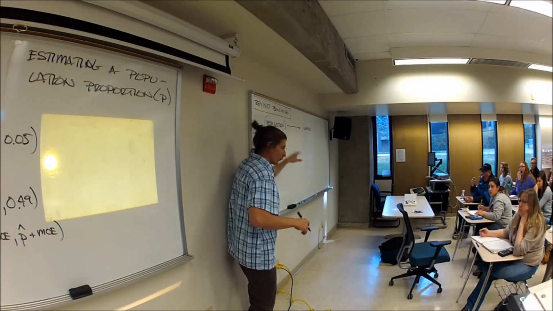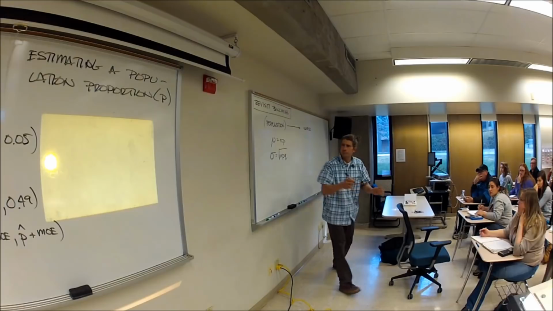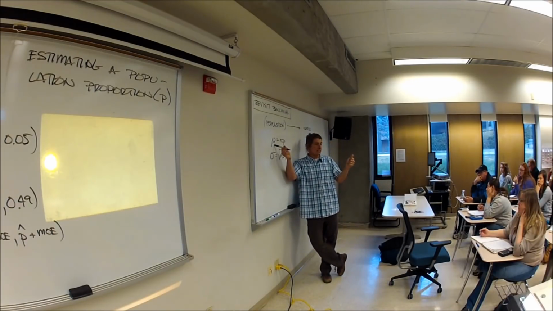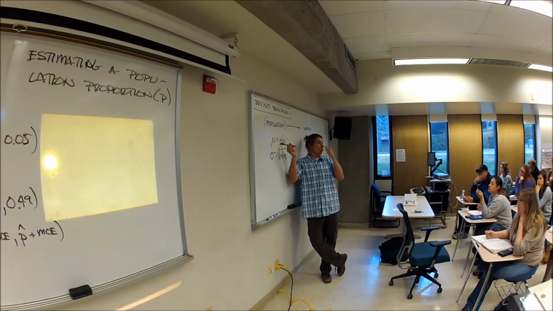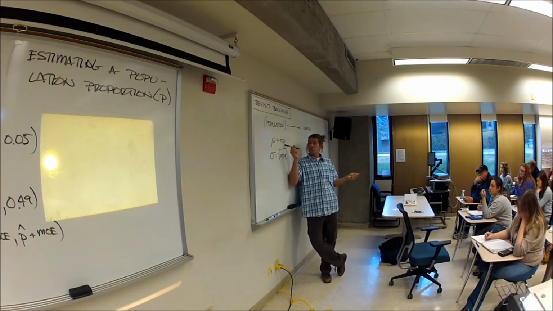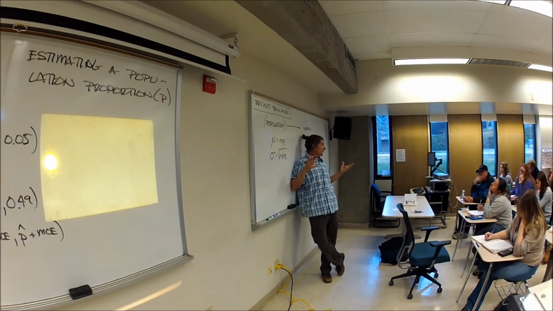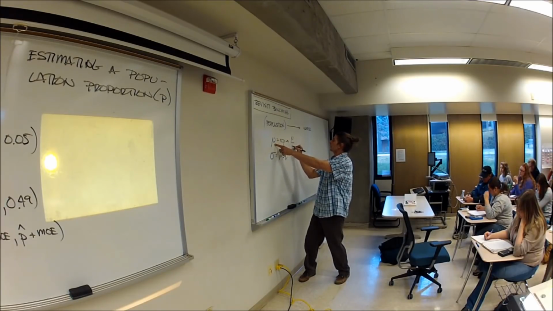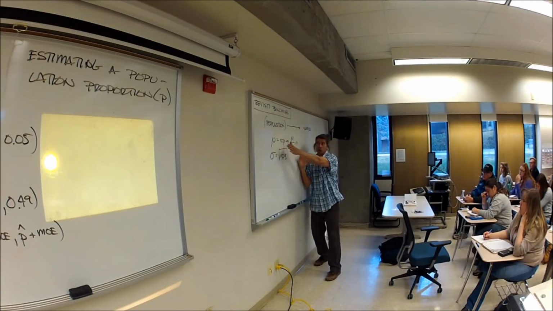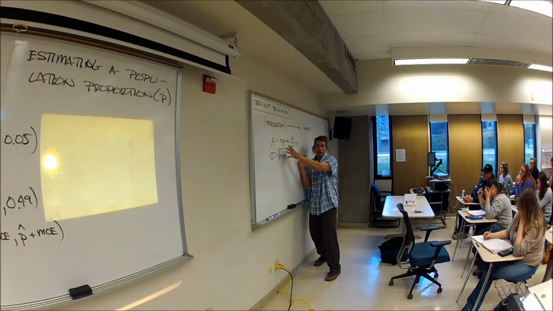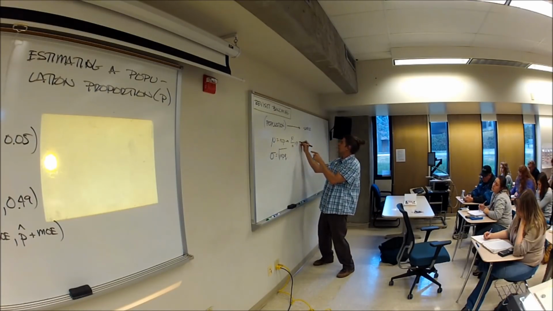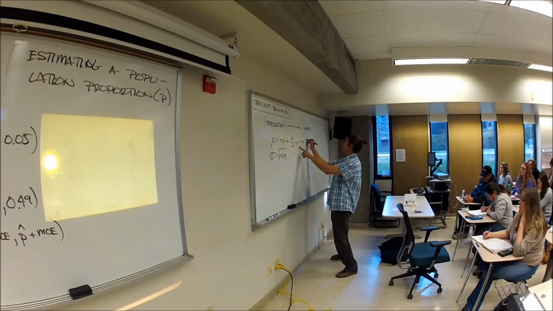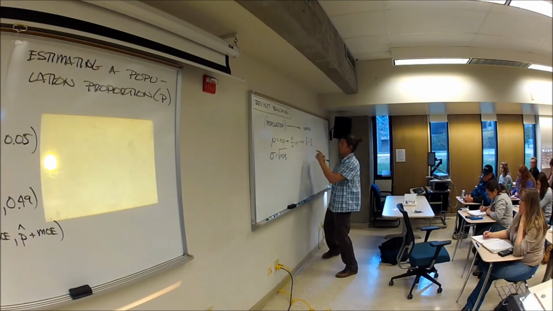P equals mu over n. That makes sense. Mu is going to be the average number of successes. n is going to be the total number of trials run. And p is the probability of success on any given trial. So if you rewrite this as mu over n equals p, which is still descriptive, still part of the population, you can see how this ties directly, as we cross into the sample, to p hat equals x over n.